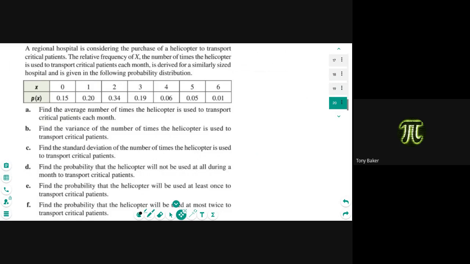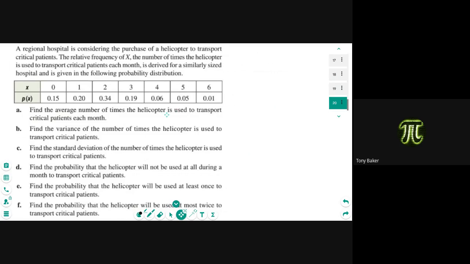All right, so the first question says, find the average number of times a helicopter is used to transport the critical patients. So how would we find the average? What did we call average in this section? Expected value. I'm just going to multiply these and add them together.